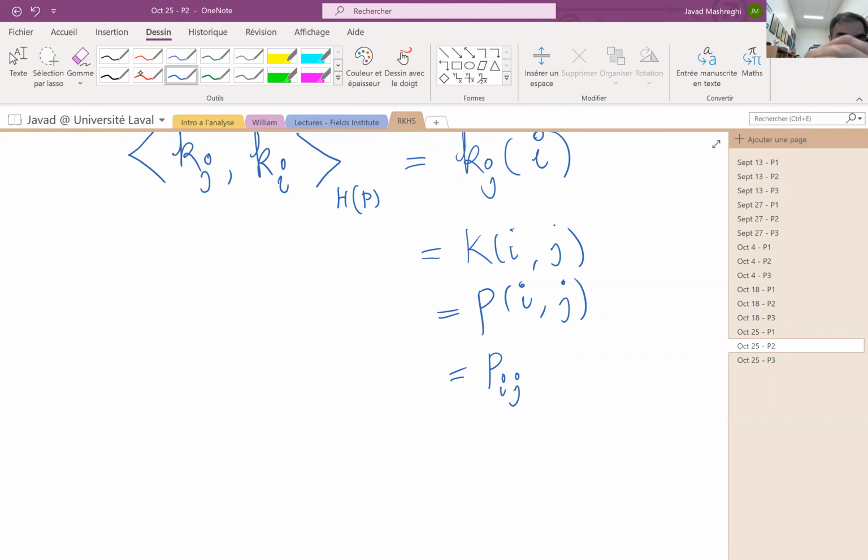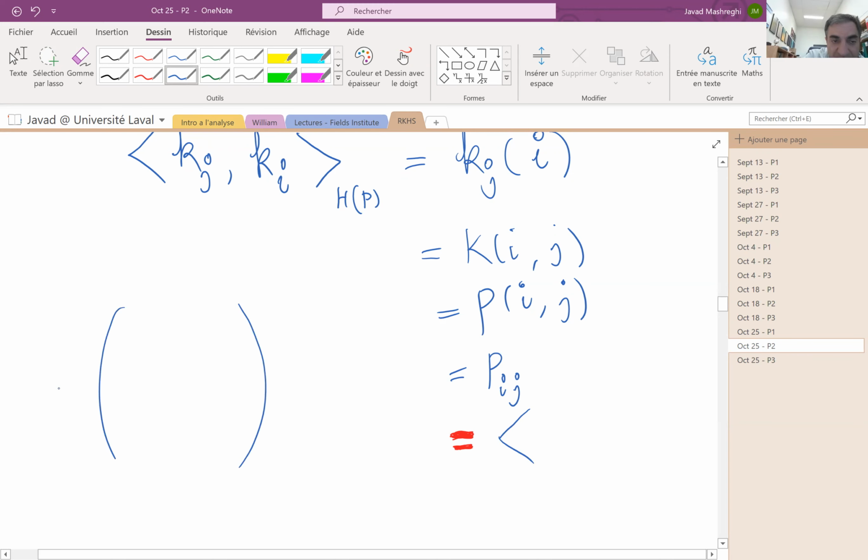And now, crucial identity, to go back to inner product in Cn, I can write this as P, column j, row i.